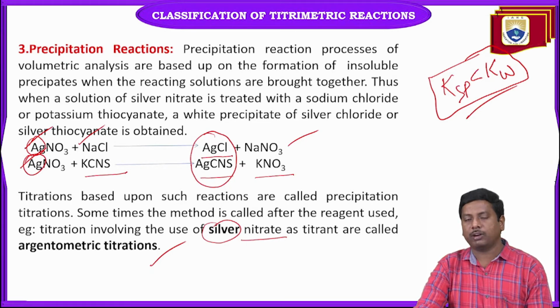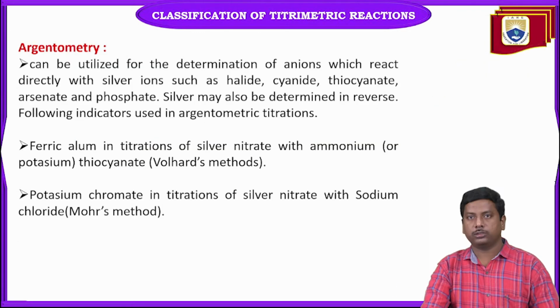Now we explain what Argentometric titration is. Basically it is defined as the involvement of silver nitrate in any chemical reaction. Argentometry can be utilized for the determination of anions which react directly with silver ions, such as halides, cyanides, thiocyanates, arsenates, and phosphates.